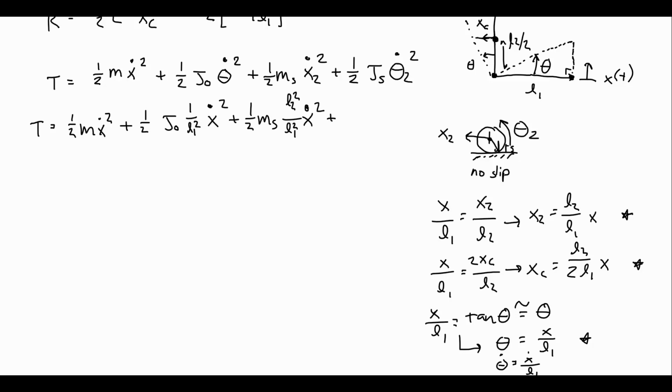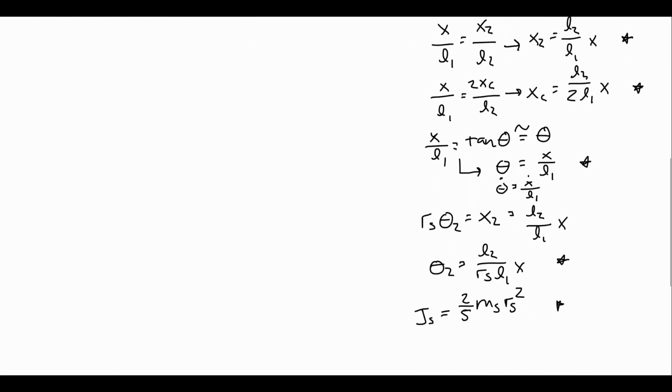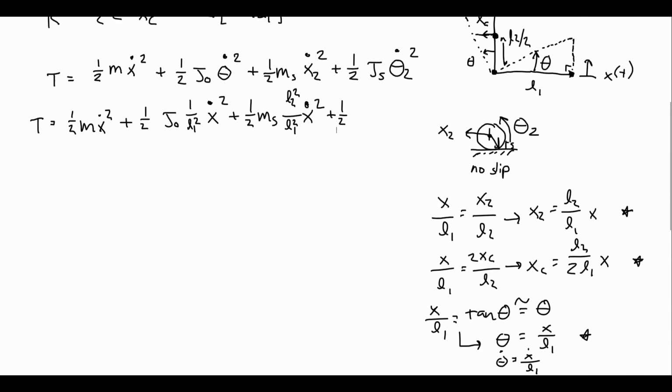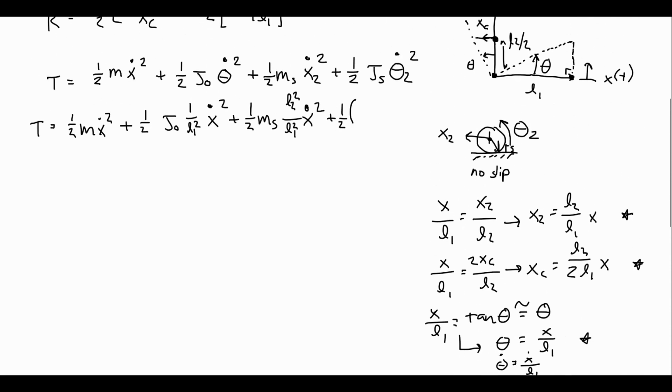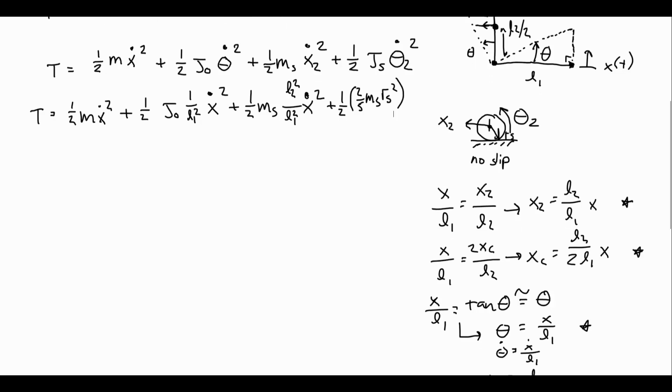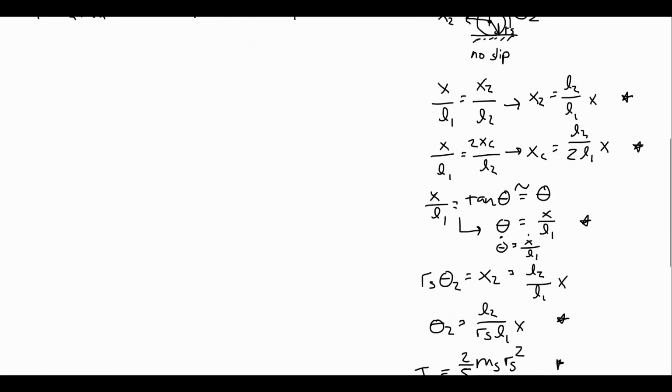plus a 1/2 js. Remember, we calculated that based on knowing this is a sphere, it was 2/5 ms rs squared. That's just the js term, and we're going to be able to do the replacement also of theta 2 dot. Theta 2 dot is going to be L2 over rs L1 times x dot, and then that's going to get squared.